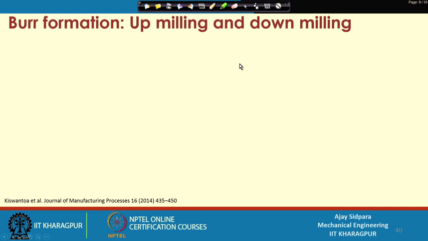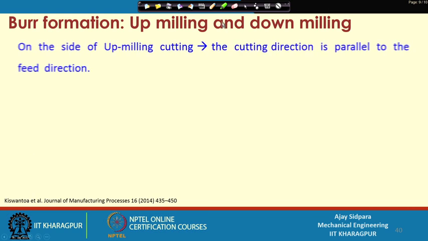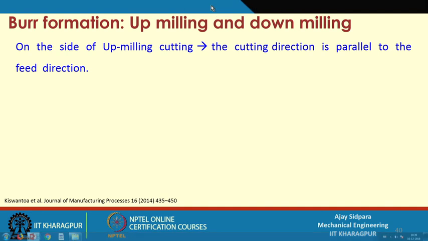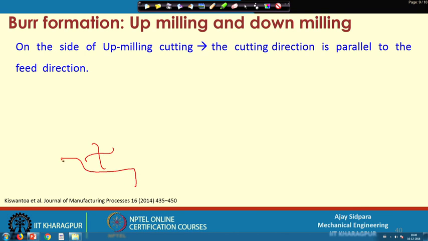Now, coming to the burr formation in the up milling and the down milling process. Let us first see what up milling and down milling are. Consider that this is your cutter and this is your workpiece, and the cutter is rotating in this direction and your workpiece is also moving in this direction.